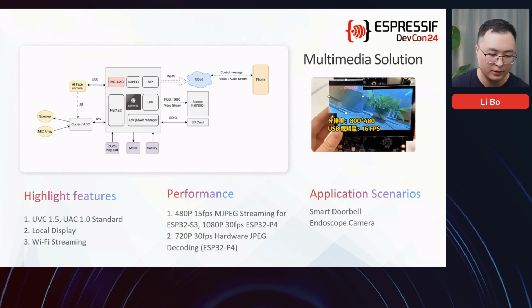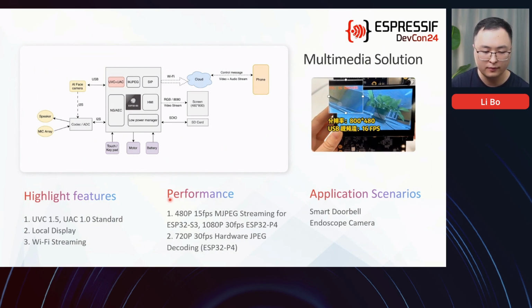It supports UVC 1.5, UVC 1.0 standard. And using these chips, you can also add a local display. With the Wi-Fi support, you can also support Wi-Fi streaming to portable devices.